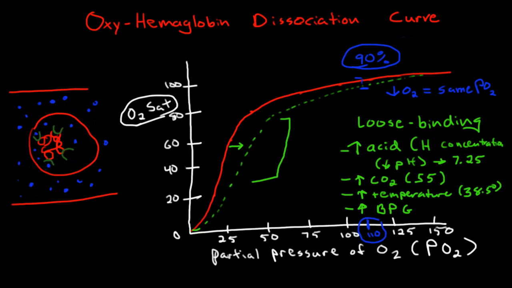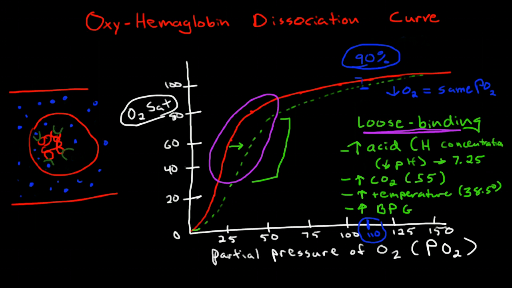Now, what's interesting here is if you look at this part of the curve, remember how I said that this part of the curve has more clinical significance because this is where the oxygen is getting supplied to the tissue? Well, at this part of the curve, the oxygen dissociates much easier and gets delivered to the tissues easier because of loose binding.